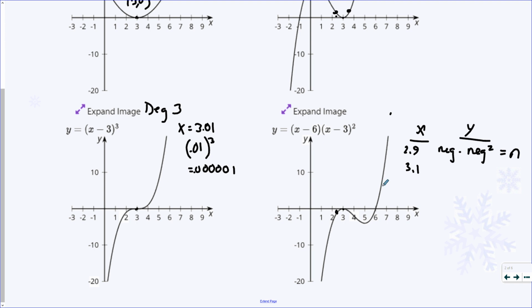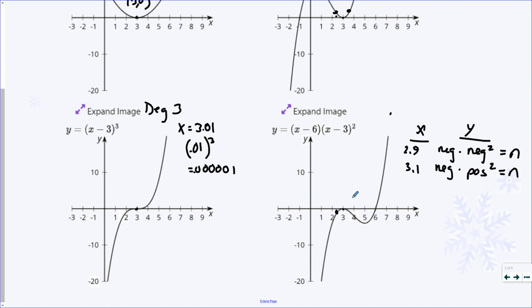Same thing here. If you do 3.1, you're still subtracting 6. Now it's negative times positive squared. 3.1 minus 3 is 0.1. You square it. That's positive squared. But that's still negative. And the reason why is because the first factor, the one that's solitary, is negative. That's what's causing it to bend down instead of bending up.